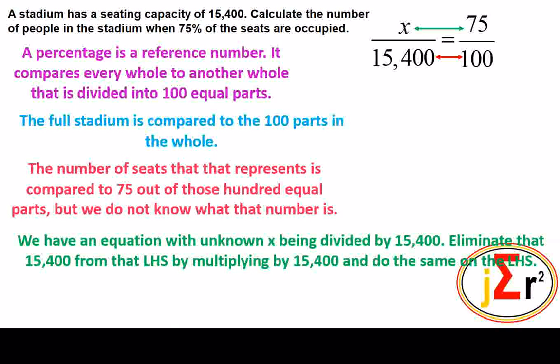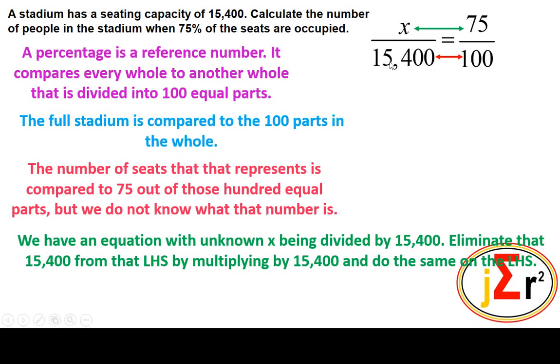We have an equation with unknown x being divided by 15,400. We therefore need to find x, and we will do that if we eliminate this 15,400 that we are dividing by.